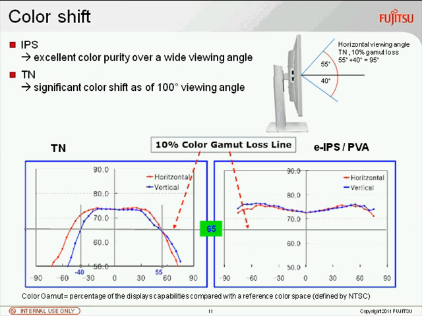So here it stops, at about 85 degrees. You can't see more because of the frame of the display. But you see the colors don't change over a very wide viewing angle, and this is a big advantage of IPS and PVA, especially when it comes to colors and to presentations on large screens where you need a good viewing angle of the display.